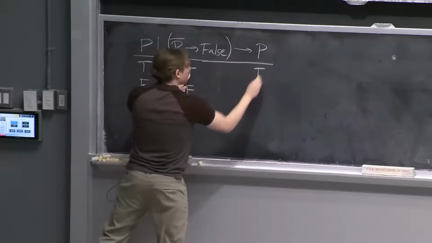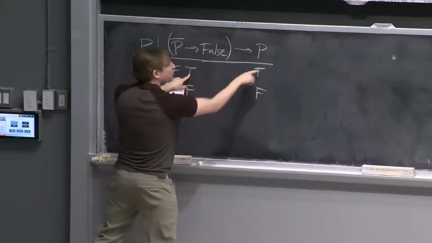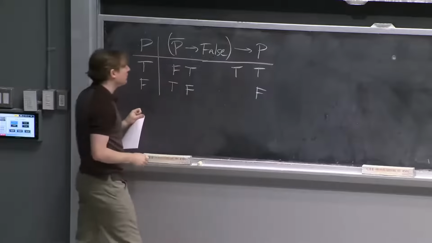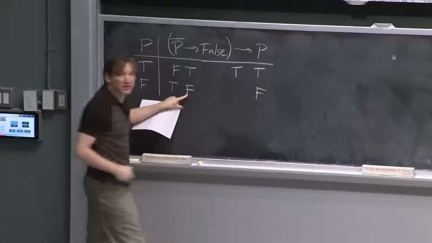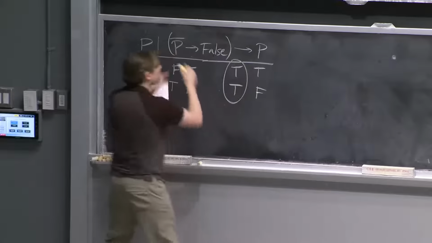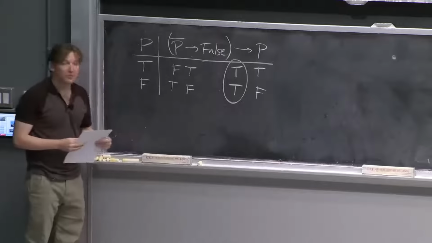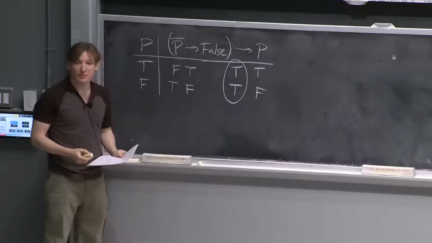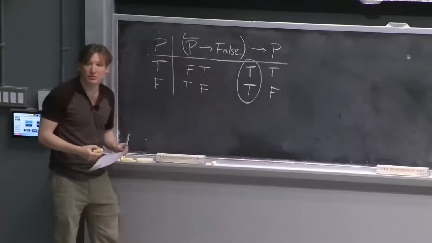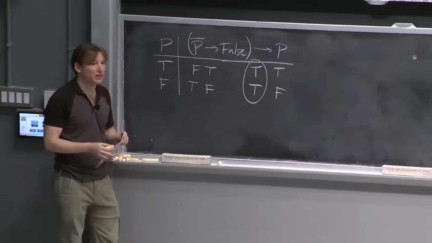Because remember, this is true and false here. Does true imply true? Yeah, so this implies in this case is true. Does false imply false? Also yes. OK. So the column that corresponds to the whole formula is always true, no matter what. And that is how we verify that this statement right here is always true. This is one possible way to verify that.